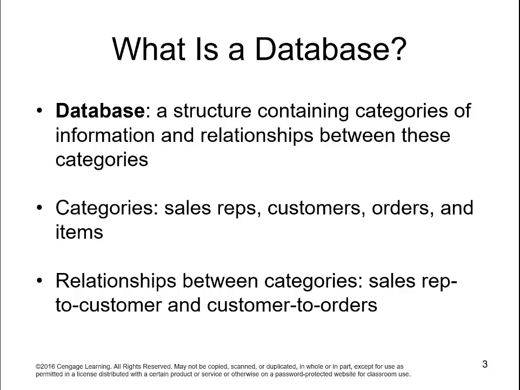Let's say you're building a database in regards to movies that you like to watch. You would have ratings maybe as a category, and maybe genre as an actual category. So again, it's those big clumps of data, and in a little bit we're going to start calling them tables. But databases are the relationships between categories.